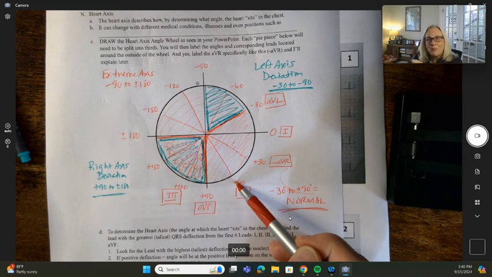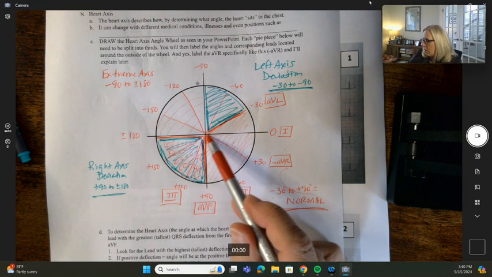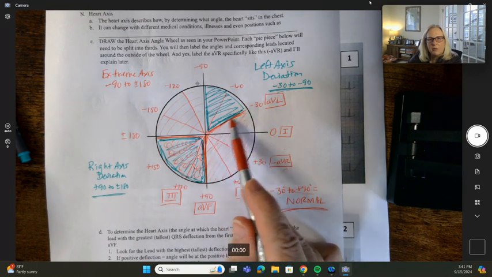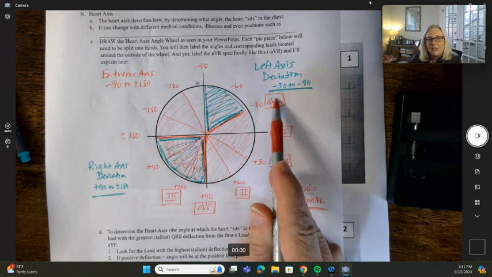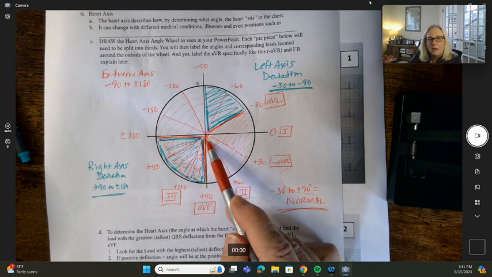So how do we take the opposite? It's 90 degrees away on the wheel. If I follow this for 90 degrees, I end up over here at negative 30. So AVL is the opposite of 2.